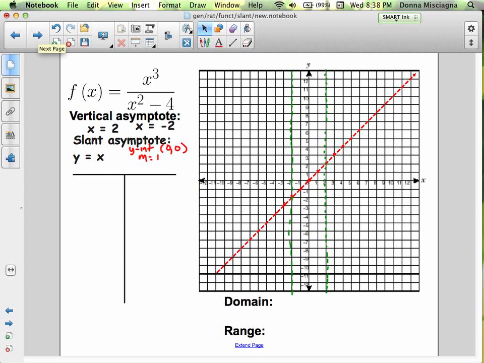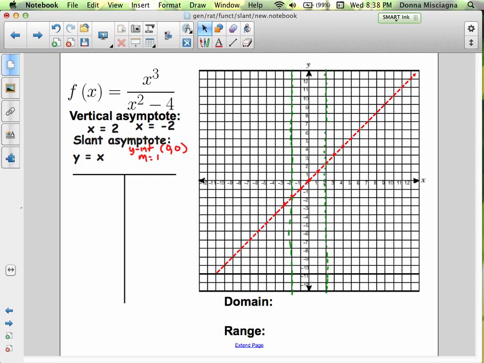The only time we'll cross a slant asymptote, just like a horizontal asymptote, is in between the 2 vertical asymptotes. Right, when we're really close to 0, we might cross the horizontal asymptote or the slant asymptote. But as x gets larger and larger, we are not going to cross that slant asymptote again.